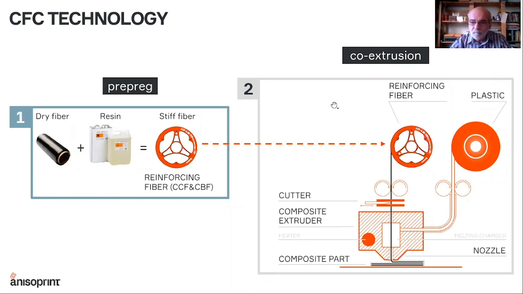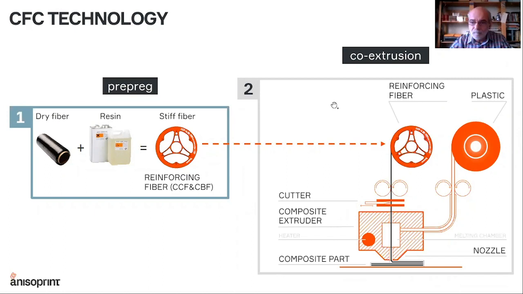That's why it is called composite fiber co-extrusion. So it's not the co-extrusion with the dry fiber as we saw before, but with a composite fiber or a prepreg. But we intentionally do not call it a prepreg to differentiate it from the prepreg placement technology, we rather call it a composite fiber or reinforcing fiber. And we use it in the co-extrusion process.